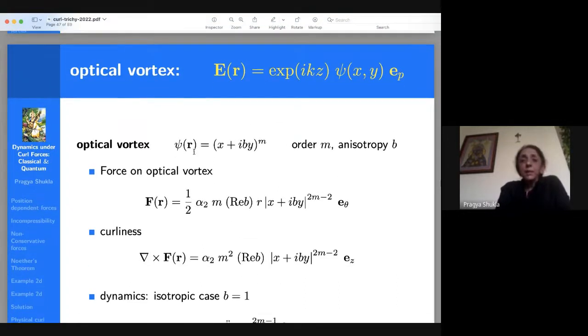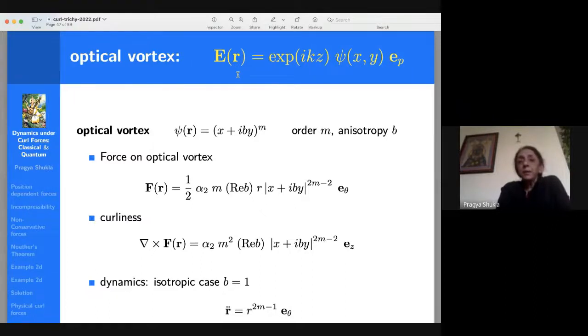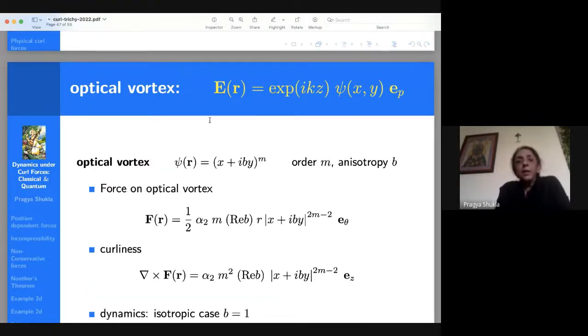An optical vortex appears in a beam of electromagnetic rays where the electric field is given in this form, and psi(x,y) can be described by this form. This is what is referred to as the optical vortex.